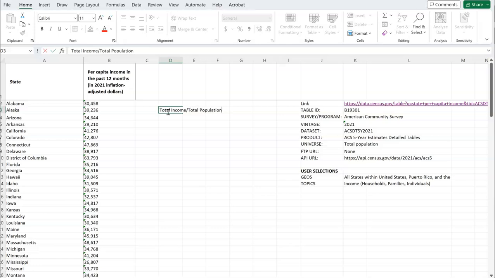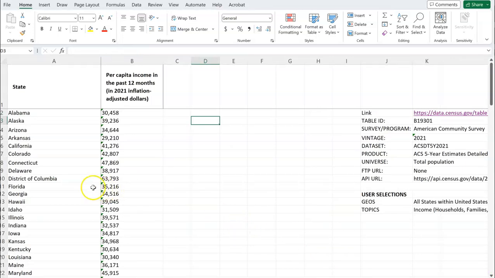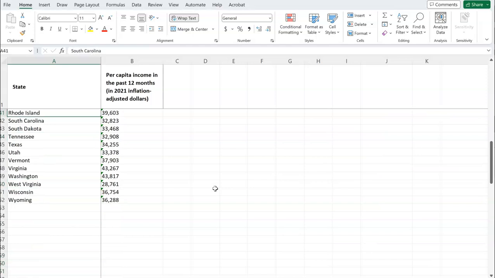So this gives us an idea of how rich or poor a state is. So we have data on the 50 states in the United States and the District of Columbia. And right now the numbers are arranged alphabetically by state.